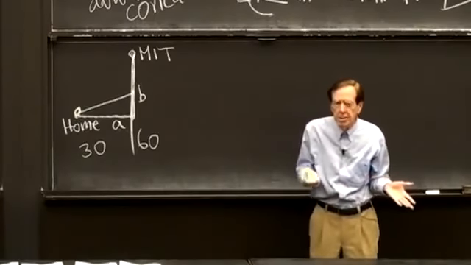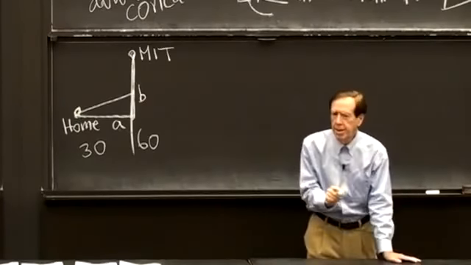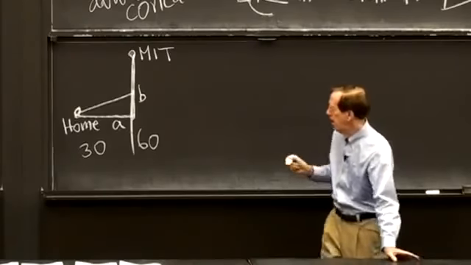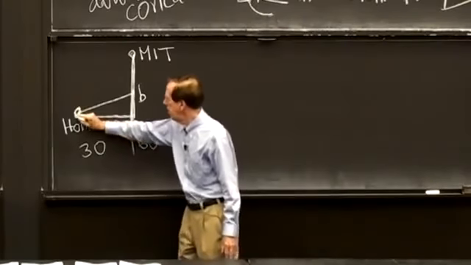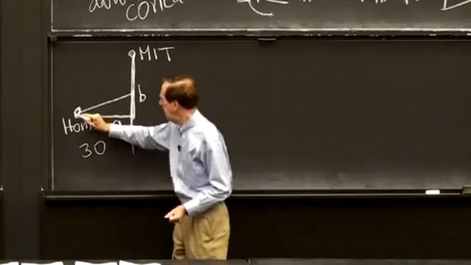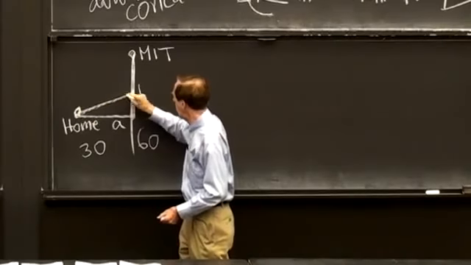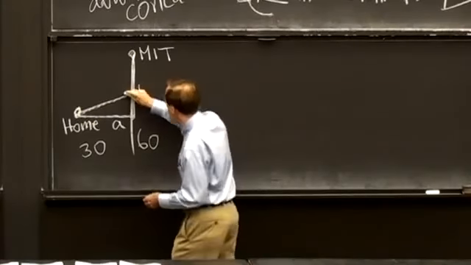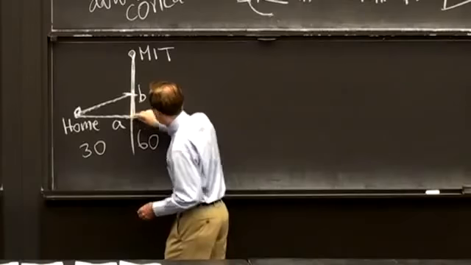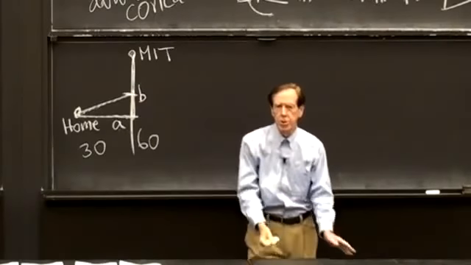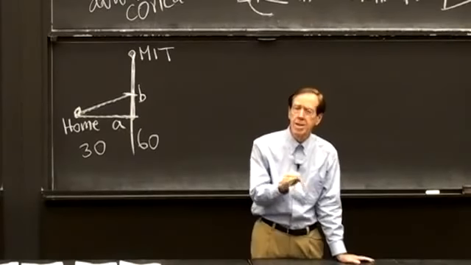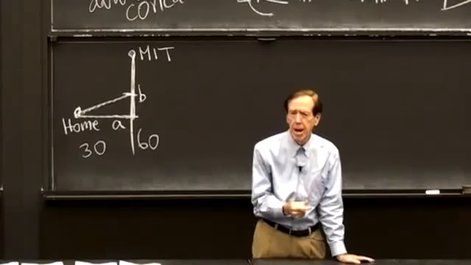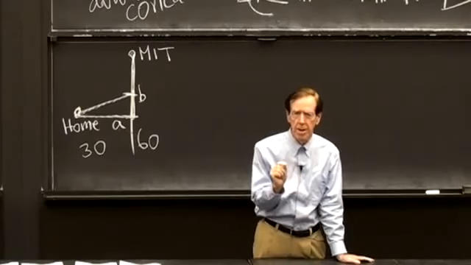So that's one possibility. But I think it's not the best. I think I should probably angle over here and pick up this. My question is, where should I join the Mass Pike? And let's, so we get a calculus problem, let's model it.